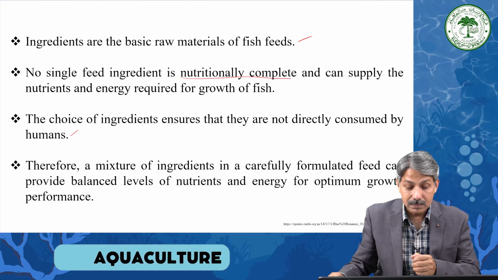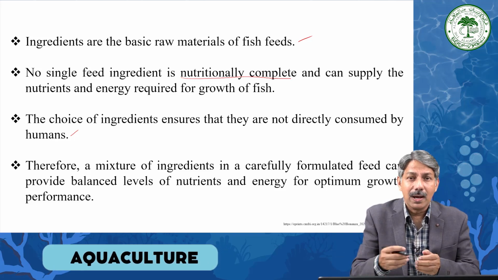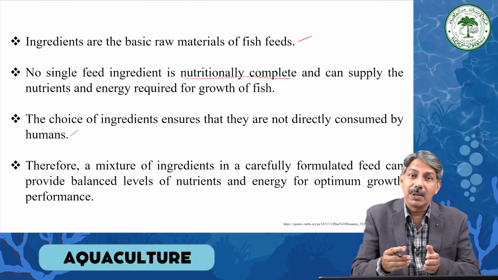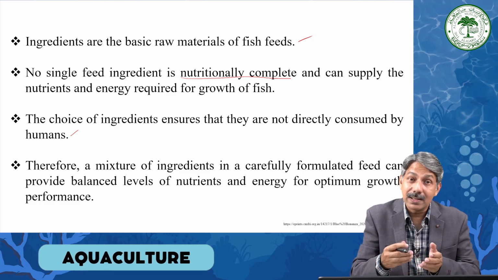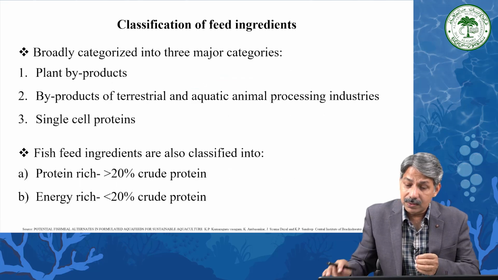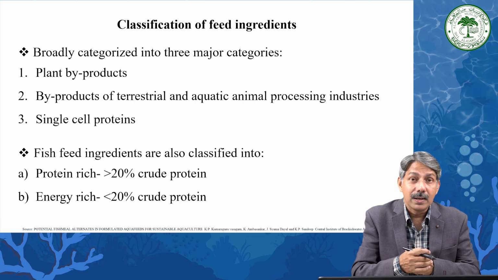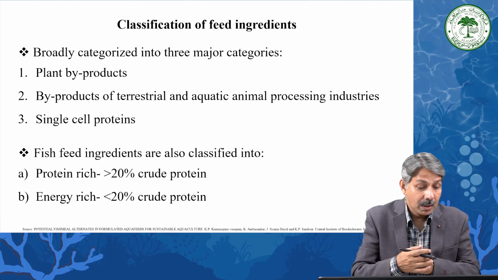And there are many other criteria, like they should be locally available, cheap, and available in abundant quantity at the desired time, whenever you require those ingredients. So all these are criteria, and many more characteristics, that you can look forward to while choosing appropriate fish feed ingredients.